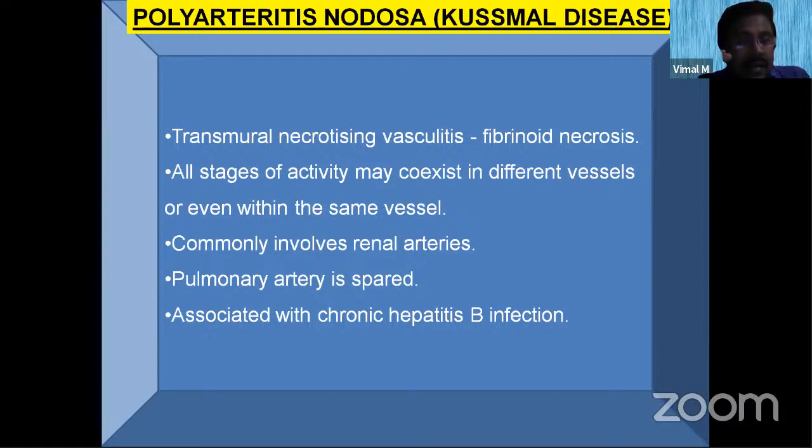The other important points I have jotted down here are salient points which have been asked in your previous exams. If you know these things, you can easily solve the MCQs on vasculitis. All the stages of activity may coexist in different vessels or even within the same vessel.